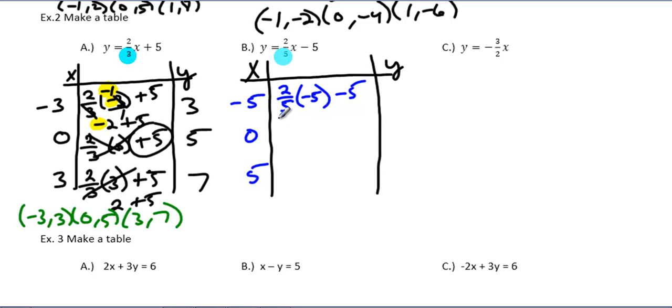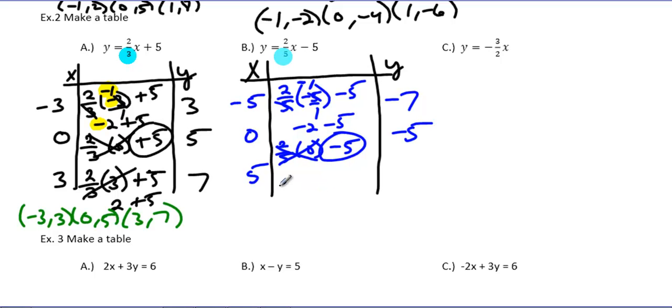So I plug that in, and the whole purpose of that, once again, is so that these cancel. Don't forget that this should be negative 1. And 2 times negative 1 is negative 2 minus 5. That'll get me negative 7. Alright, continue on. Put 0 in. Anything times 0 is 0. That's a negative 5.